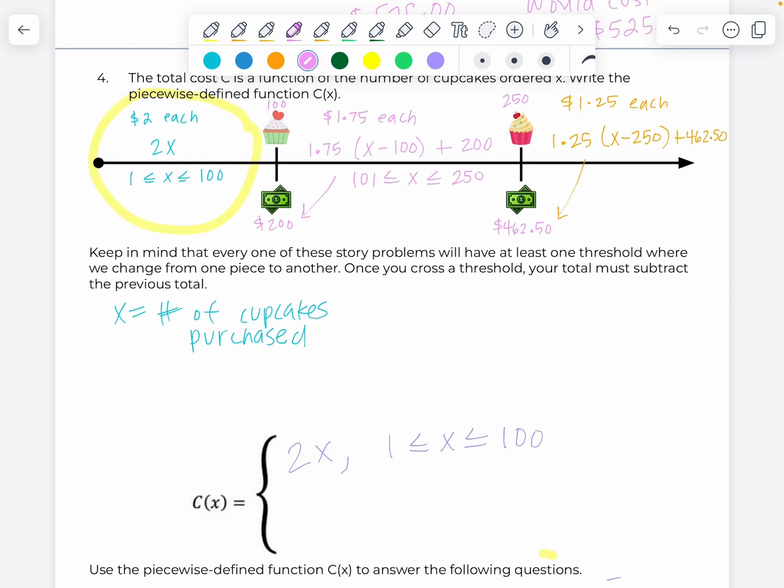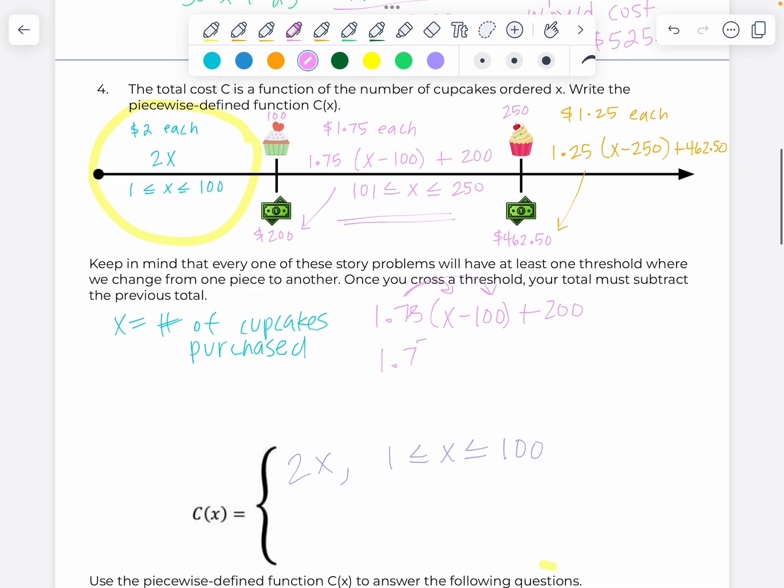Now we're going to work with our second part of the function. So I said we're going to simplify. At this point, we have $1.75 times X minus 100 plus 200. We're going to go ahead and distribute this $1.75. So we get 1.75X minus 175 when you do $1.75 times 100.